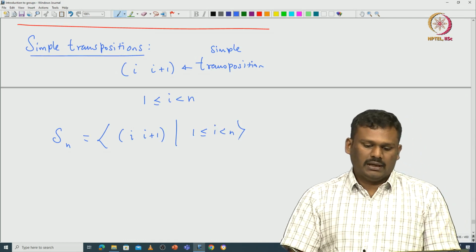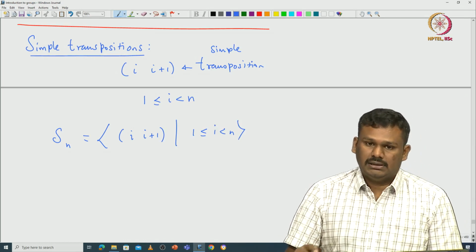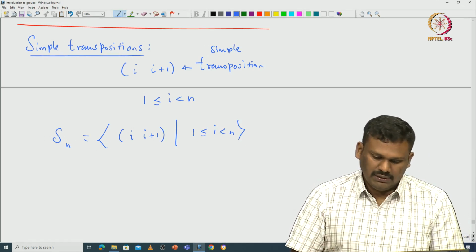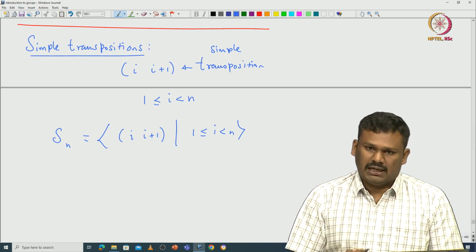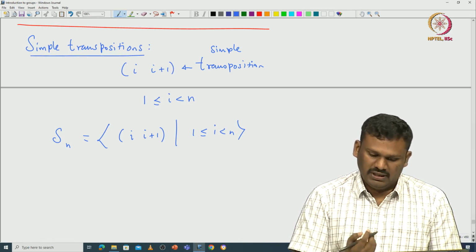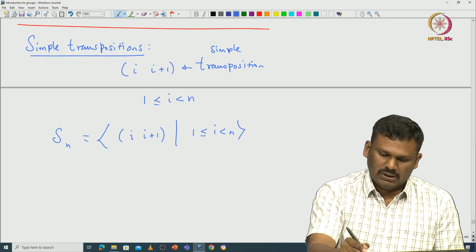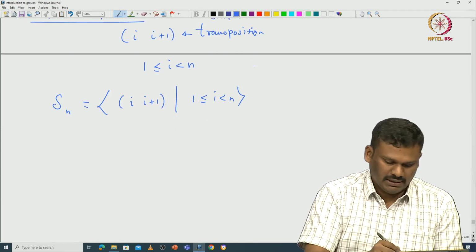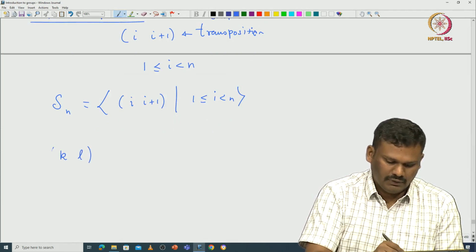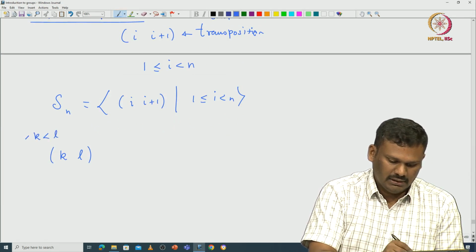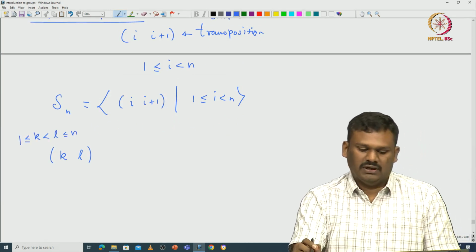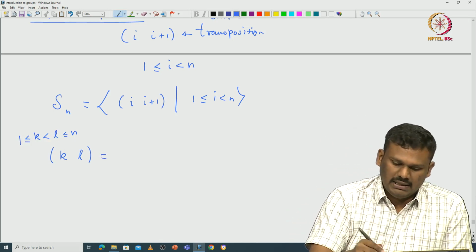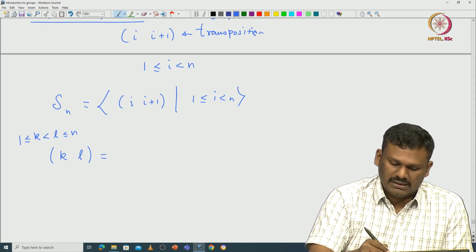So, how can one prove this? We already know that the symmetric group is generated by all transpositions. So, it is enough to prove that a given transposition is a product of simple transpositions. That is somewhat easy. Any given transposition looks like (k l) where k is less than l. Then one can check that this is exactly equal to the product of these simple transpositions.